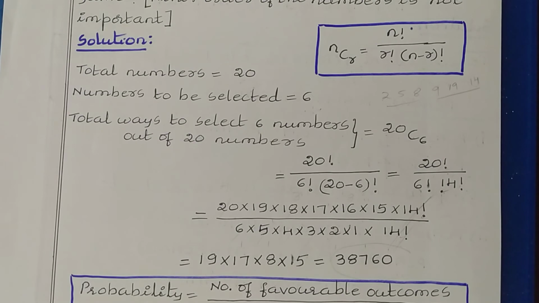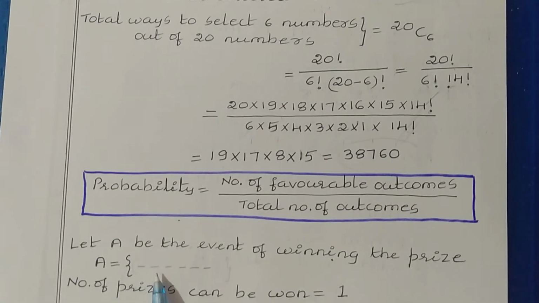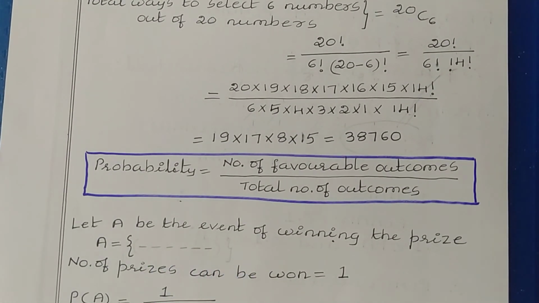Next in this experiment, we need to find the probability of winning the prize. See, the prize ticket has to contain 6 numbers, and those 6 numbers must be in between 1 to 20. So if I consider, let us say, that there is an event A, and event A is the event of winning the prize. Then how many possible outcomes can we have with this event?